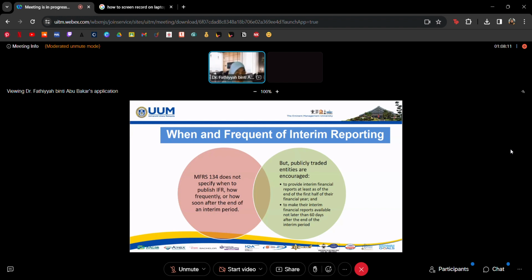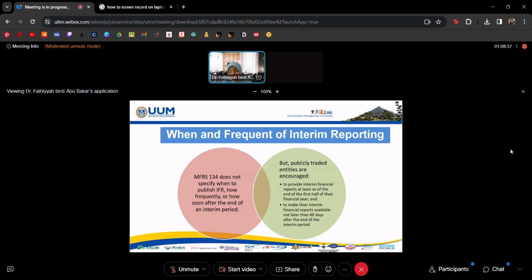They are silent on how frequent, and also silent on how soon after the end of an interim period. But publicly traded companies, which are public listed companies, are encouraged to provide an interim financial report at least as of the end of the first half of their financial year. So we encourage you to provide at least every 6 months.